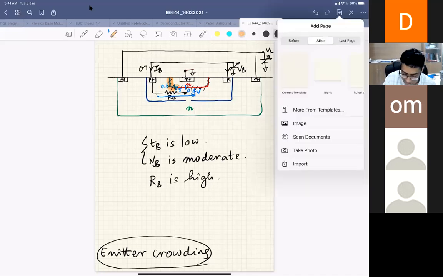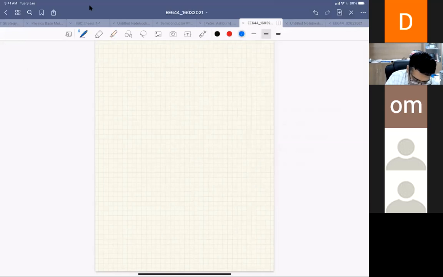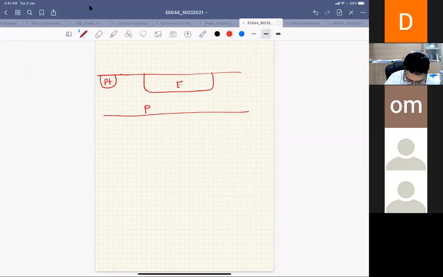I will draw again. Let's say this is my emitter, and I have my base contact here. This is my p-type base, and this is the n-type collector. I have a finite resistance between base and emitter.